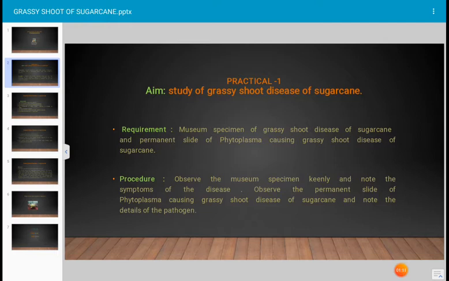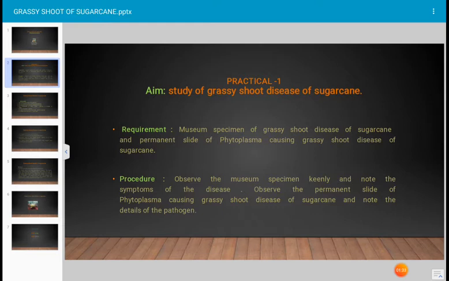The entire plant of grassy shoot is not possible to see in a museum specimen bottle, and that we have to see at the time of excursion tour; how it practically looks, we have to see in the field only.